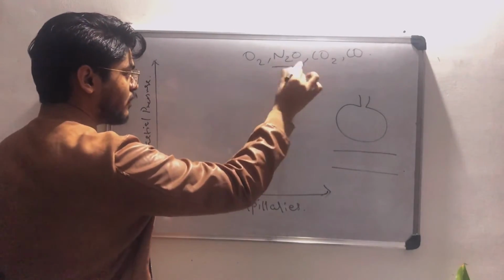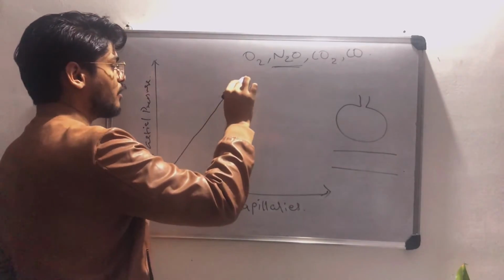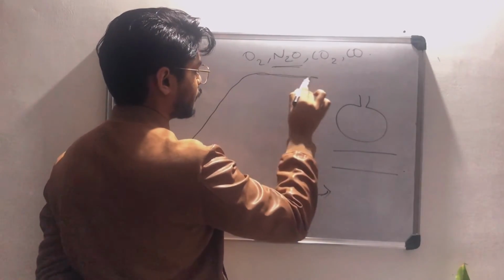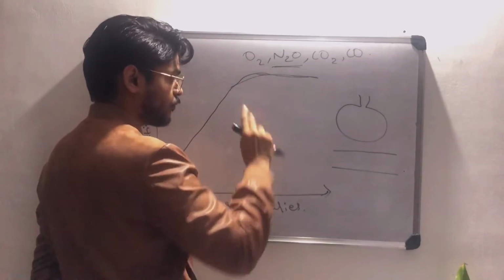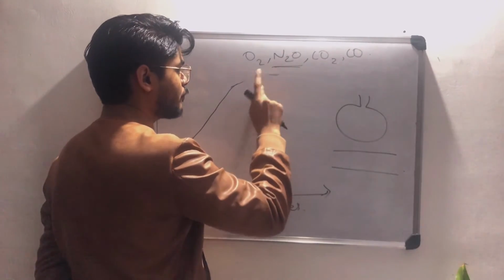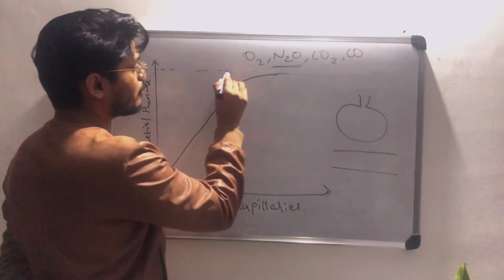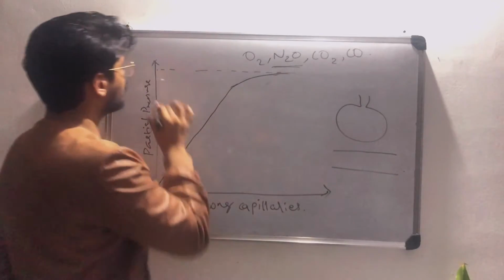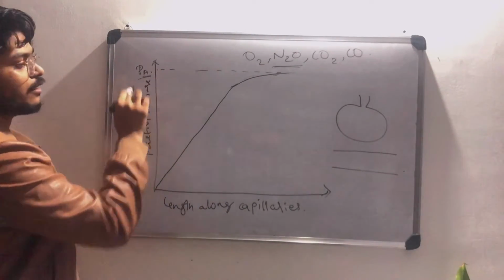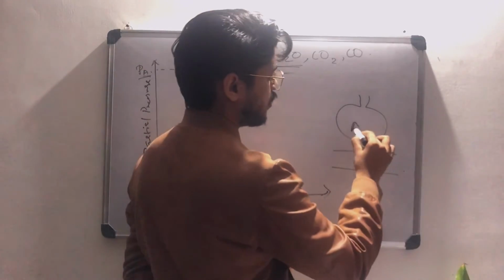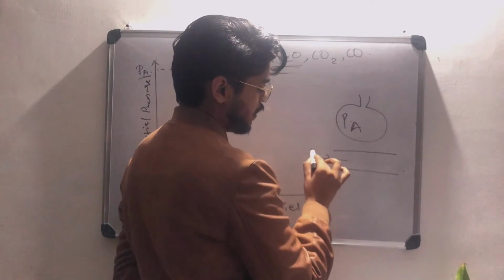If you are considering N2O, it starts from here, increases and reaches a place. To what place? To PA. What is capital PA? Alveolar partial pressure.